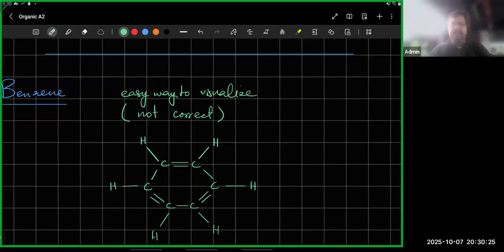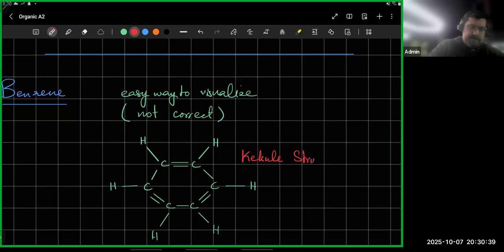So it's like a cyclic hexene with alternating double bonds, right? And this structure over here has a name as well, which is the Kekulé structure, but again, it just makes it easy to visualize. If you want to figure out whether it's sp2 hybridized, you would notice that each carbon atom is making a double bond, right?